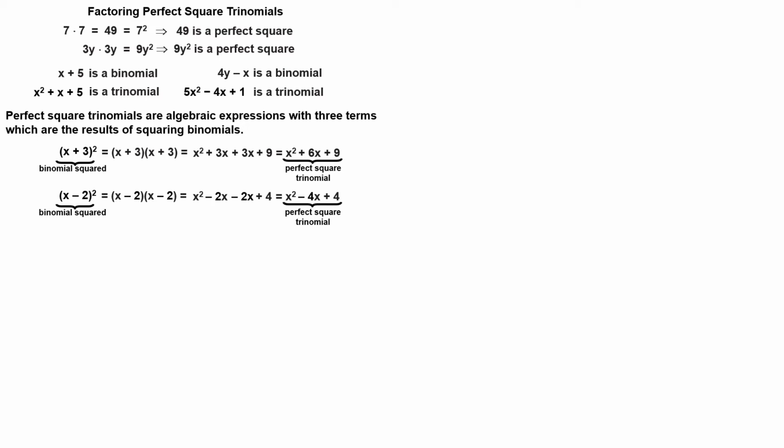Pay attention in the following expansions, because we will find patterns for getting perfect square trinomials. Applying the distributive property and collecting like terms, we get a perfect square trinomial.